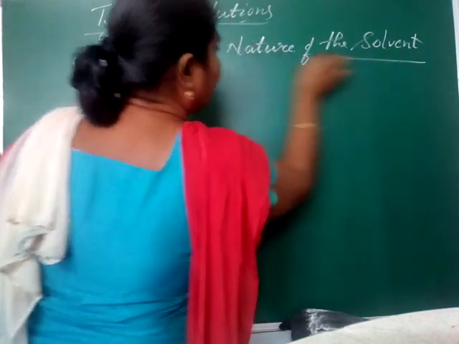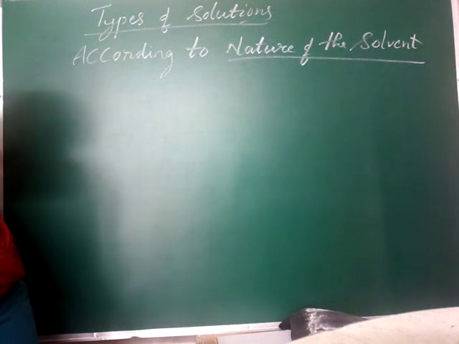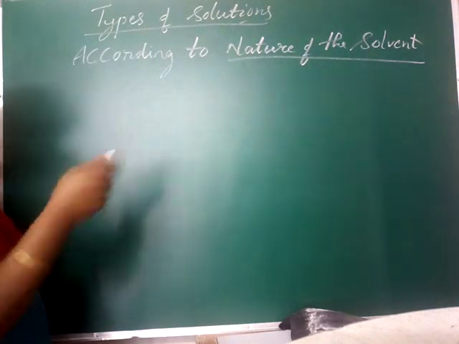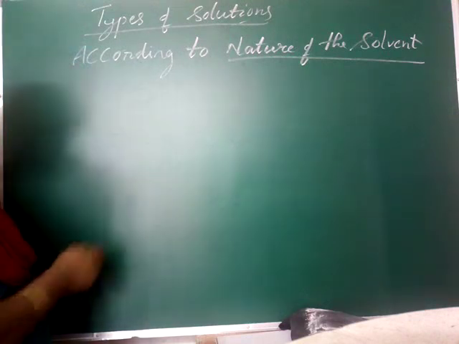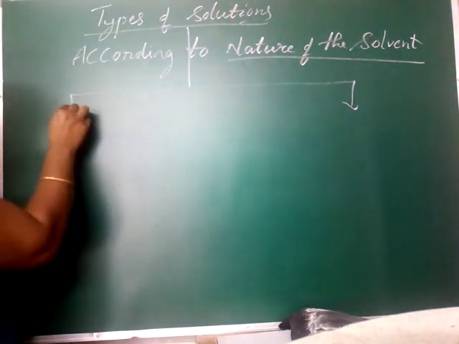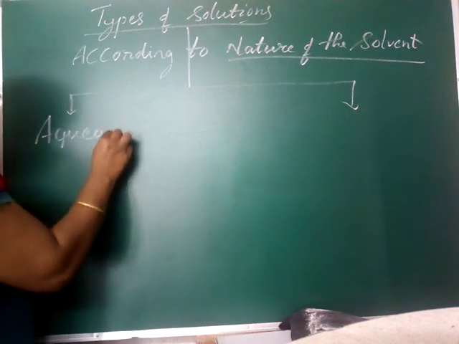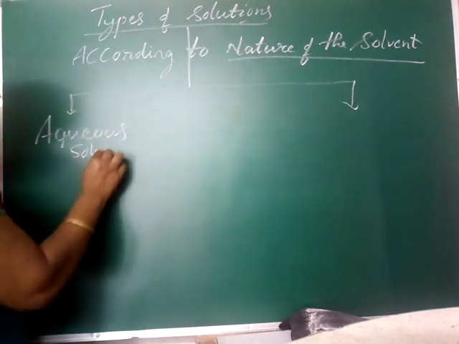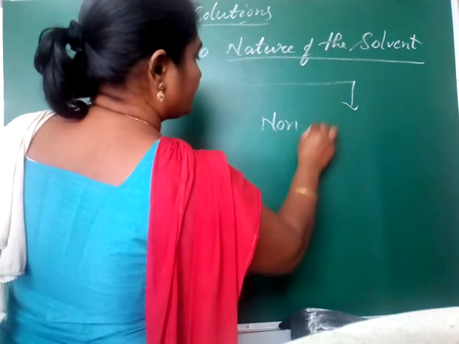You have to take the nature of the solvent here. Many classifications are there. According to the nature of the solvent, there are two types of solutions. How many types? Two types. The first one is the aqueous solution, and the second one is the non-aqueous solution.